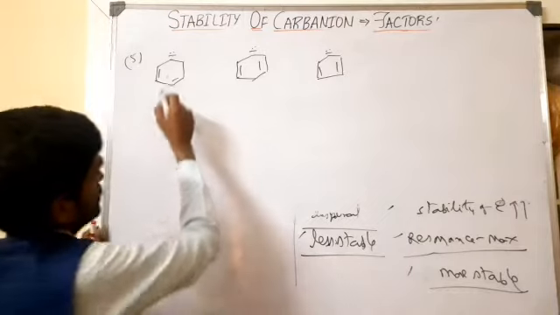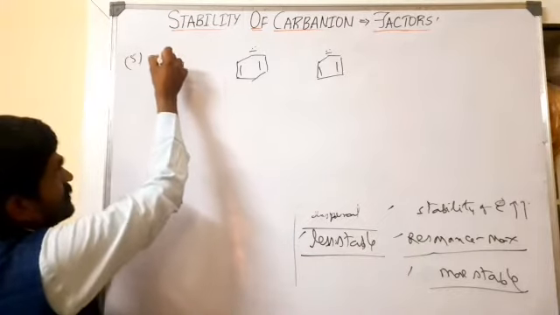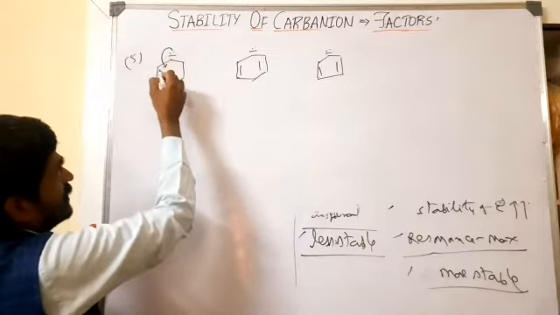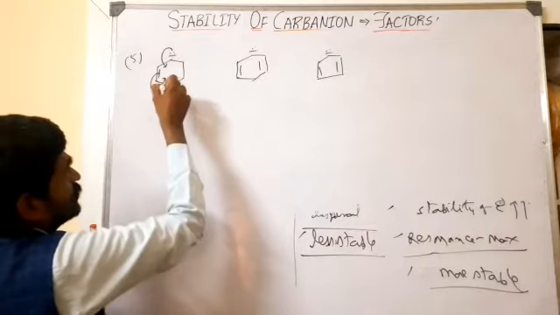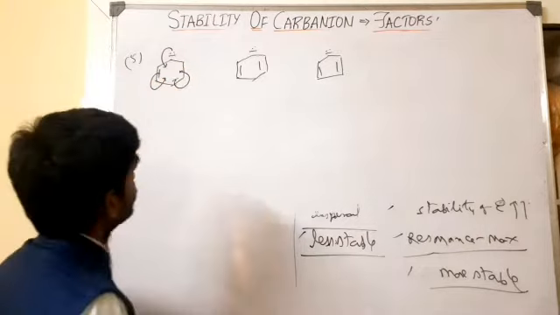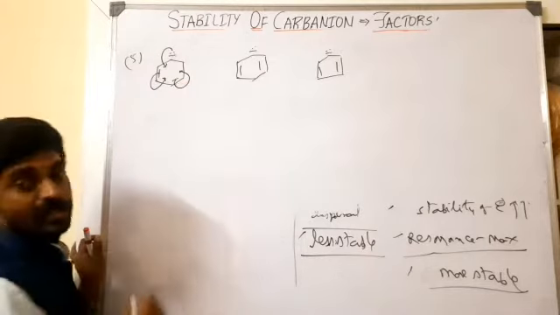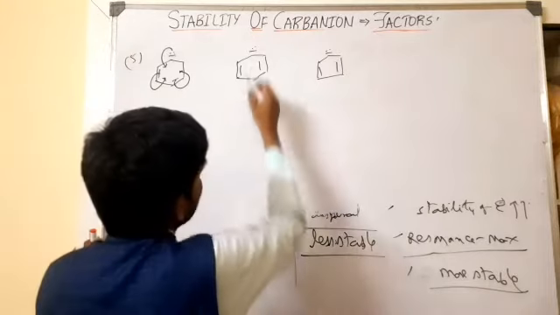Look here. In this case, this negative charge is dispersed here. Double bond, single bond, negative charge, and this is dispersed over here. It moves, delocalized, and is dispersed here. So this is linear conjugation. And in this case, what happened?